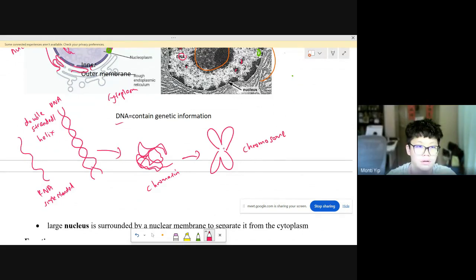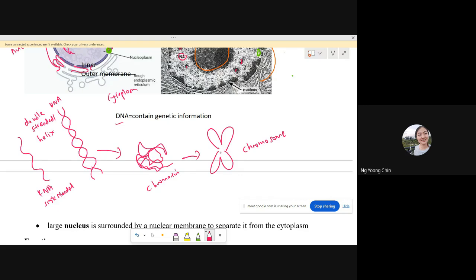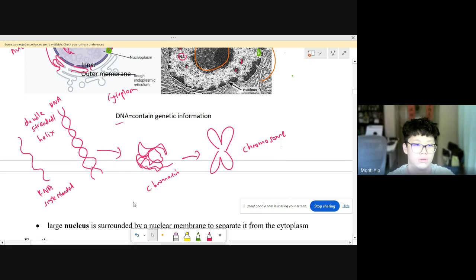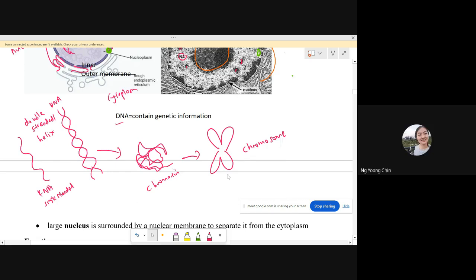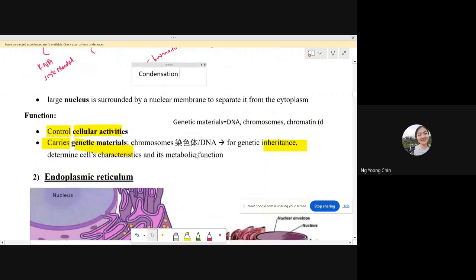This refers to the level of condensation of DNA. DNA can join and compact together, become a long thread, and then become a butterfly-like chromosome. You can write either one of the keywords, enough for you already.